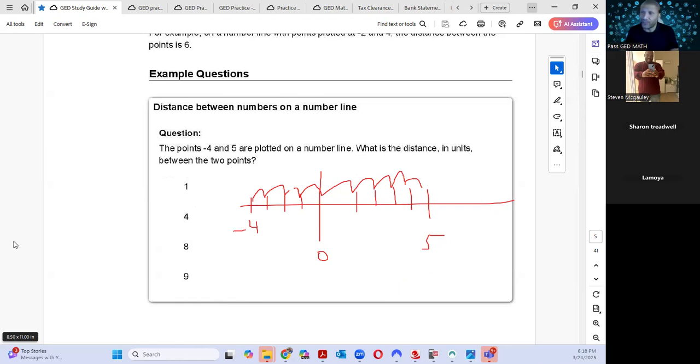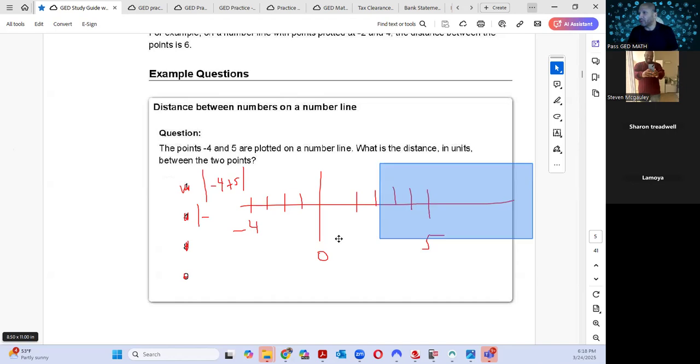But guess what? That's not how they're going to put it on the test. On the test, they're going to ask you the same question, but they're not going to have 1, 4, 8, and 9. They're going to have the absolute value of -4 plus 5. Let me move all this over first because it's getting a little bit too close.